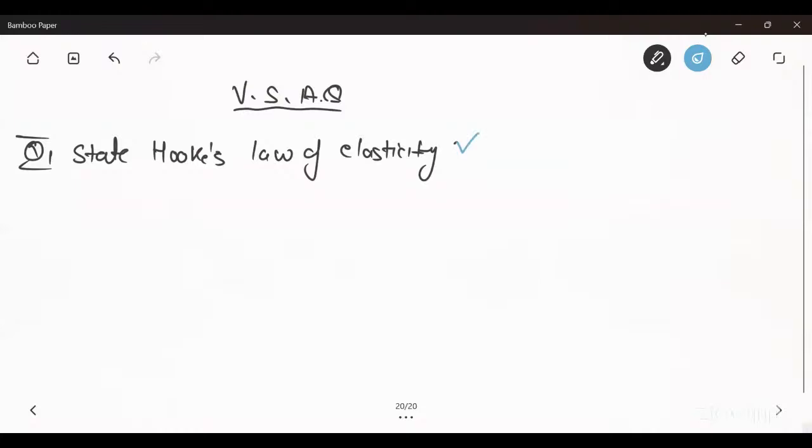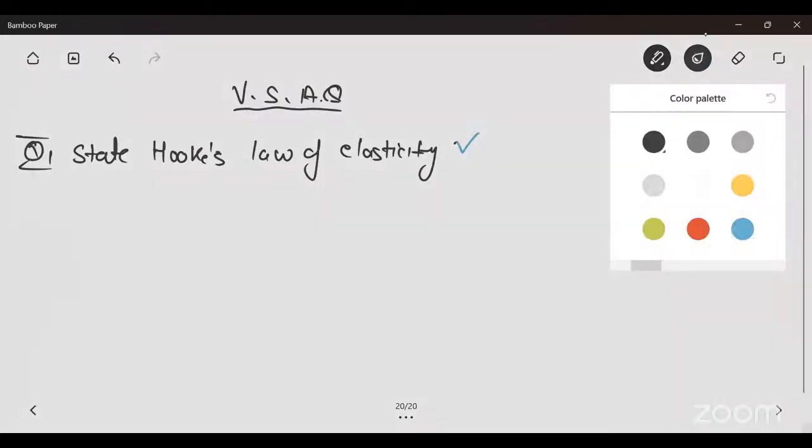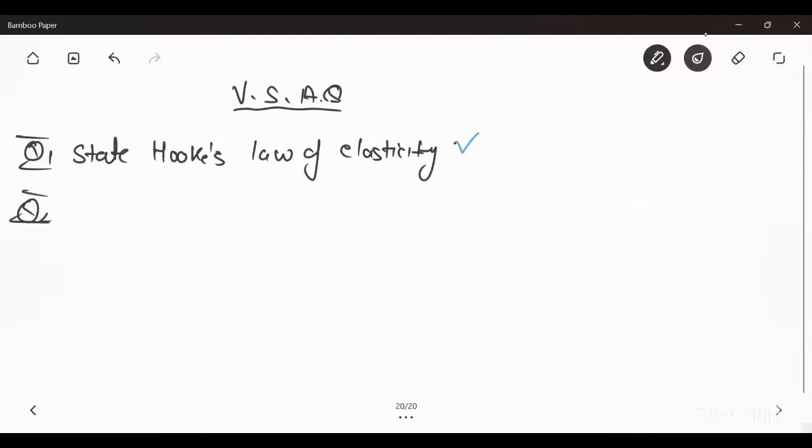Now the next question, question number 2: state the unit and dimension of stress. We have discussed this topic also in our previous slides.